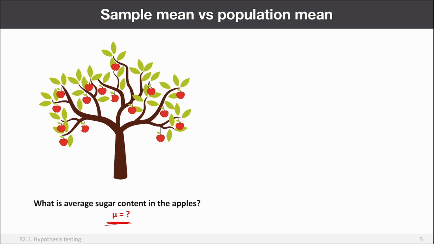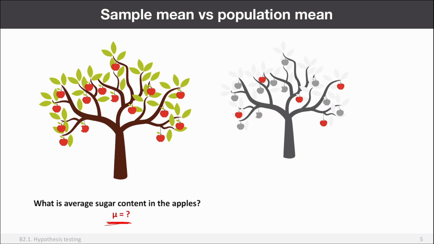The problem is that we usually don't have the possibility to work with the population, so we take a sample of relatively small size. In my case, I have a sample size of 5. And then we try to generalize. First of all, we try to describe this sample, right? Because we are interested in the mean, I would measure the amount of sugar in every apple from the sample.